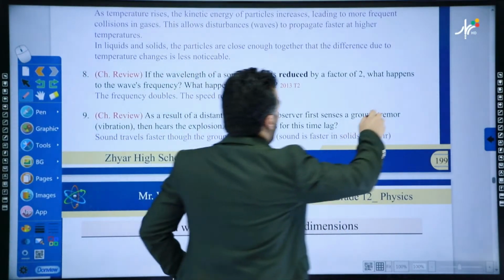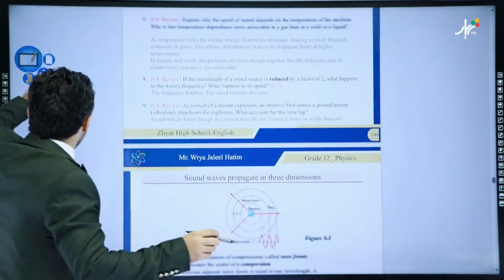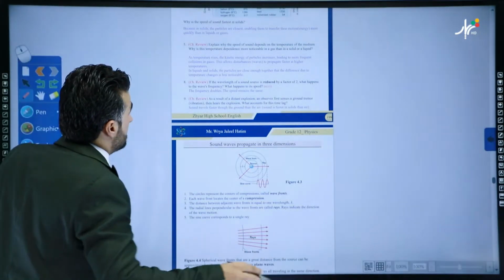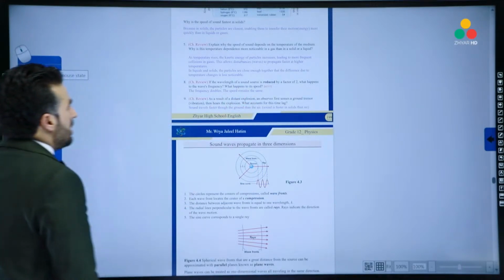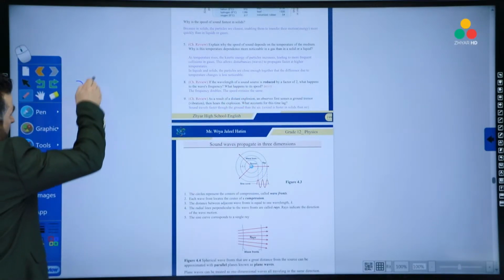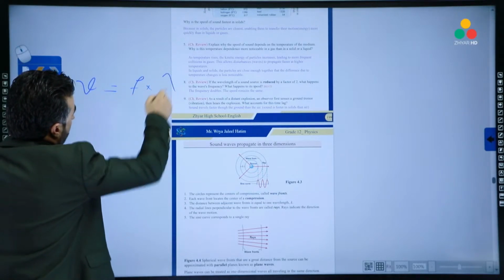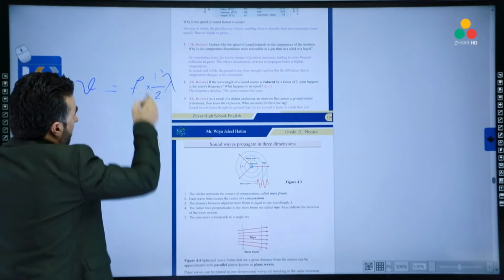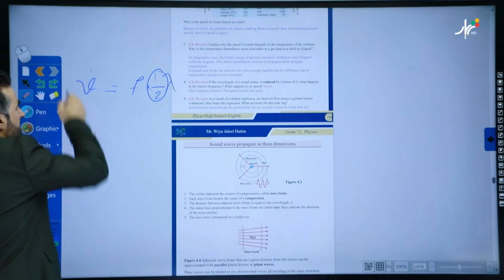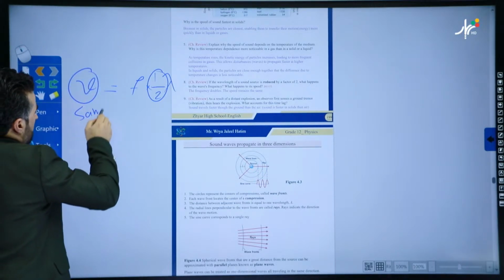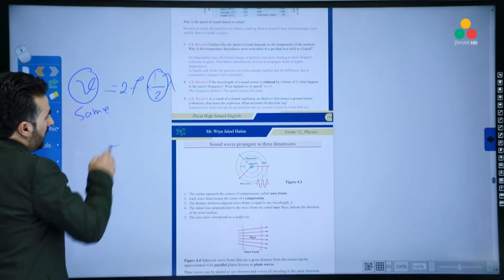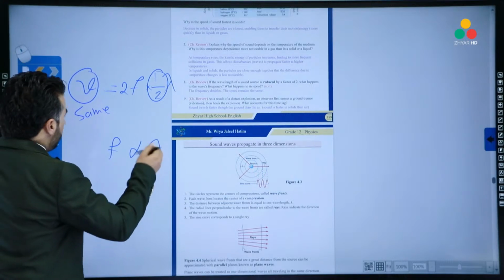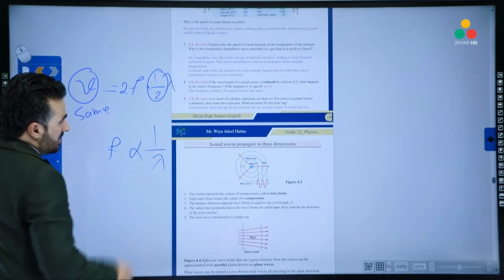So let's do this. It says, what happens if the wavelength is reduced by a factor of 2. We know that speed equals frequency times wavelength. If the wavelength is reduced by a factor of 2, the speed is the same, so in order to keep the speed the same, the frequency will be doubled in this case. Or in another way, frequency and wavelength are inversely proportional.